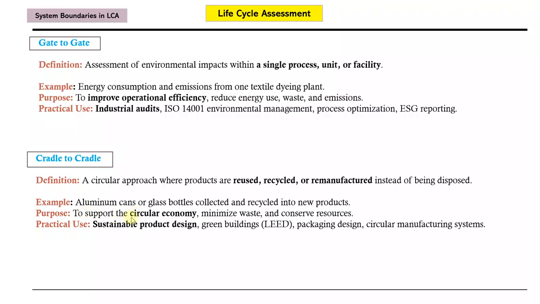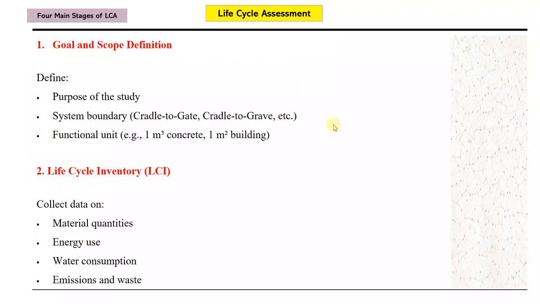The purpose is to support the circular economy, minimize waste, and conserve resources. Practical uses are sustainable product design, green building like LEED or Envision as well, then packaging design and circular manufacturing systems.